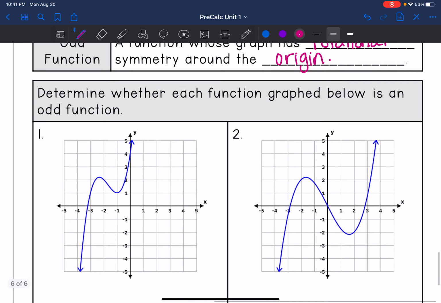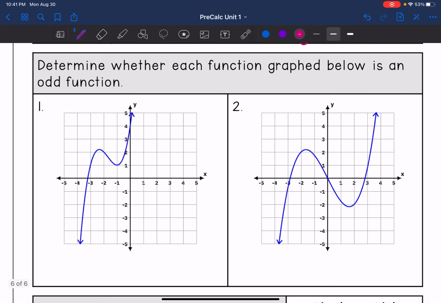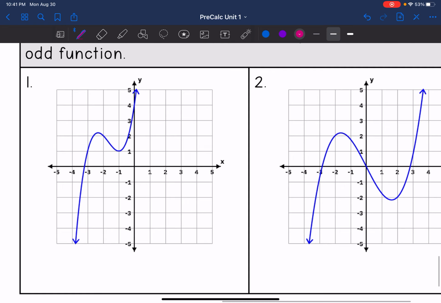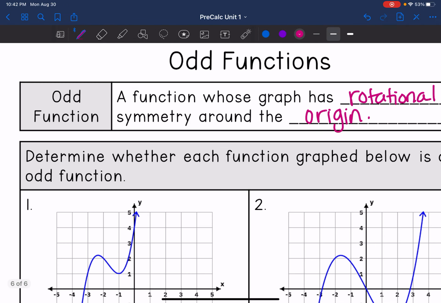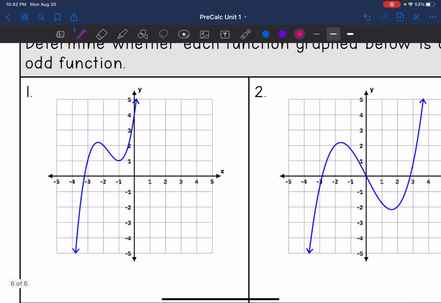Okay, so I have two graphs here, and we're going to determine whether each one is an odd function. Okay, so here's the first one. This looks like a cubic function, so x to the third power. But is it odd? So the one rule that we have is that it has to rotate around the origin. So if this is my origin, and I try to rotate this, it would turn into something like, let's see how close I can get this.